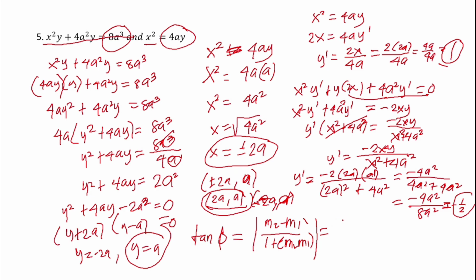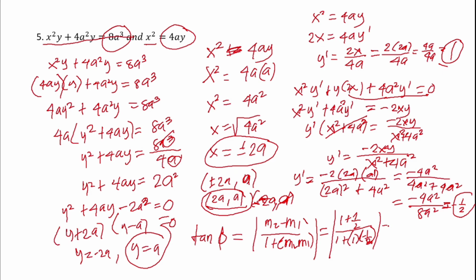Okay, so we have the absolute value of m2, so we could have 1 plus 1 half, over 1 plus 1 times negative 1 half. Okay.